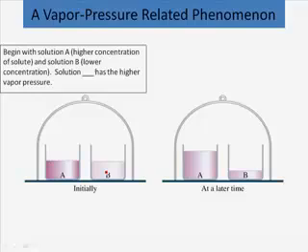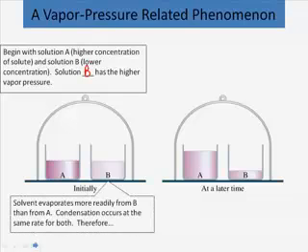Higher concentration is going to be lower vapor pressure. So here, solution B would have the higher vapor pressure. That means that we're going to have an increased rate of evaporation from B, and then again, they're going to recondense.